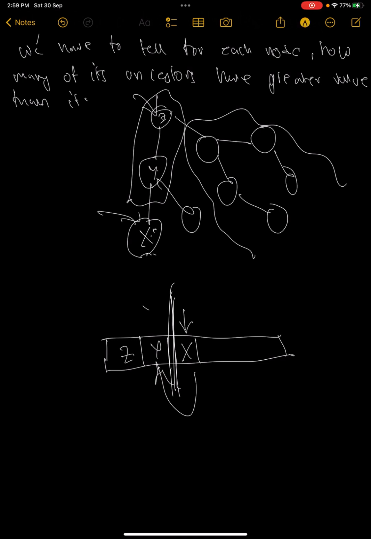Now we backtrack to y and we go to, let's say, k. Now x will get popped. Basically, when we are exiting a node, when we have completely traversed a subtree and are going out of it, we pop the element.